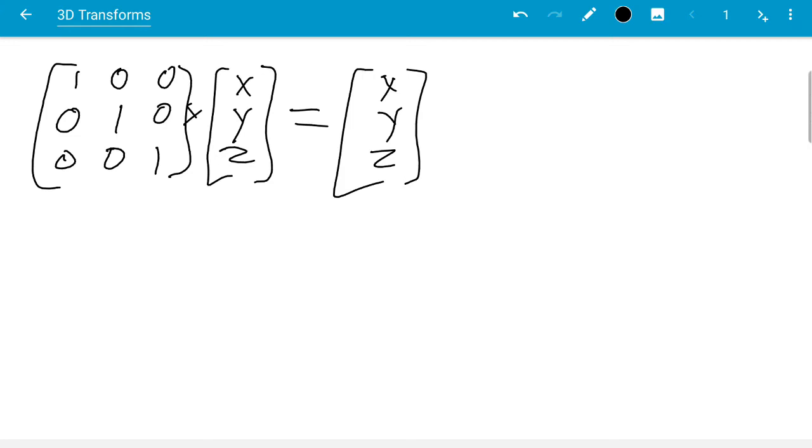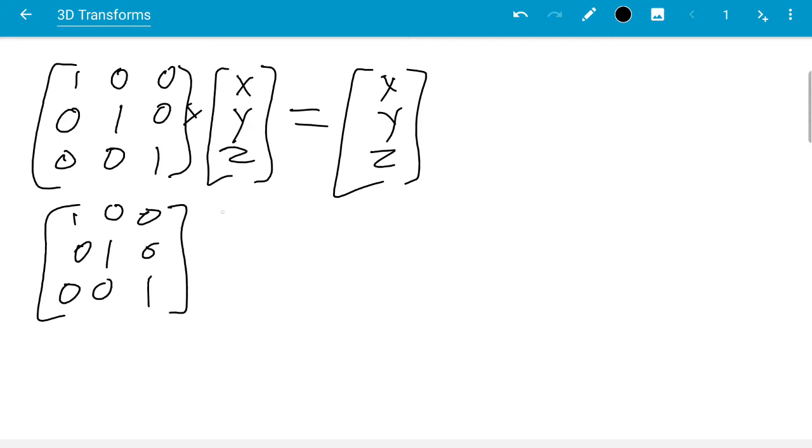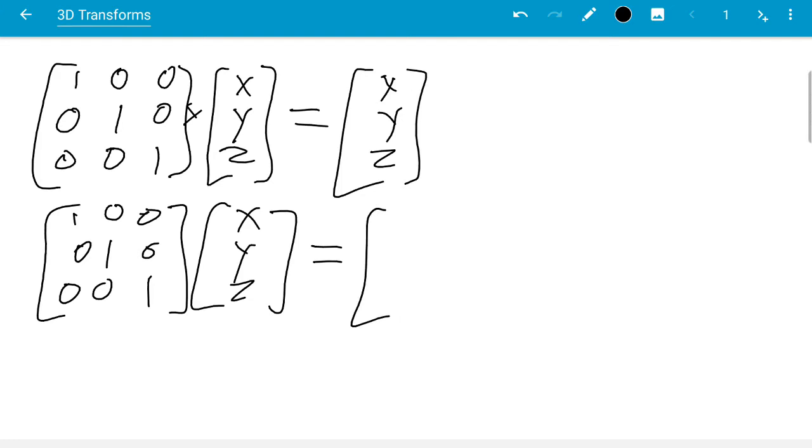Now let's go through the process of how this works. Generally, when we multiply, we are multiplying each of the rows by this column vector in sequence. So let me rewrite this. Those are zeros. Alright, now let me actually do the math for it. The first row of the matrix is 1, 0, 0.